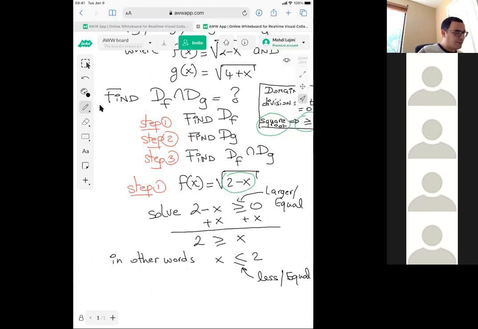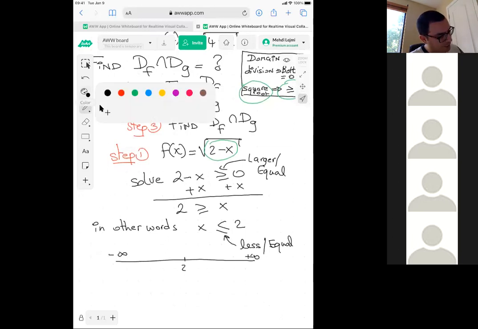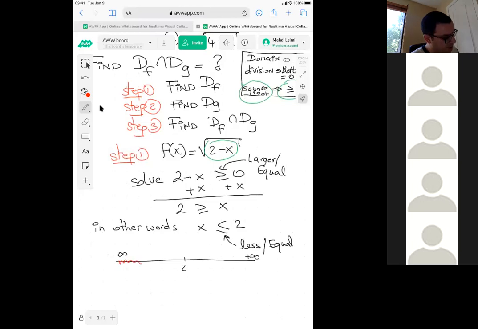So what I'm saying is that the domain of f would be any number x less or equal to 2. On the number line, you're going to go from negative infinity to 2. Here's your number line, here's 2, here's negative infinity, positive infinity. So the domain of f would be any number less than 2, and of course, x can be equal to 2, so I'm going to include 2.